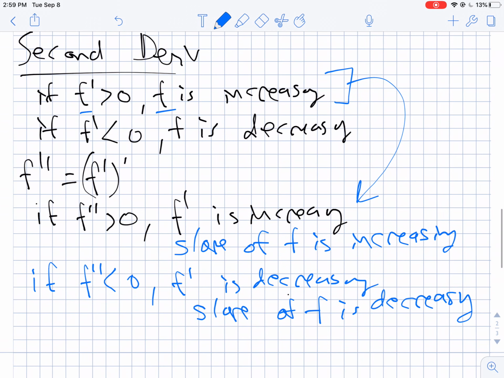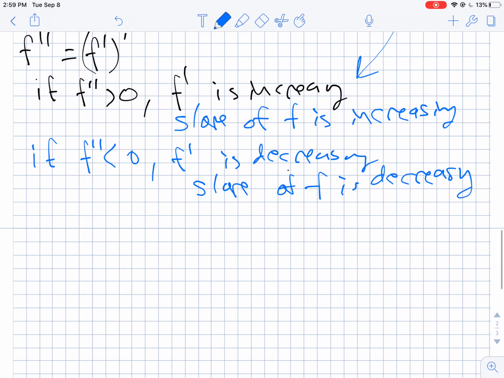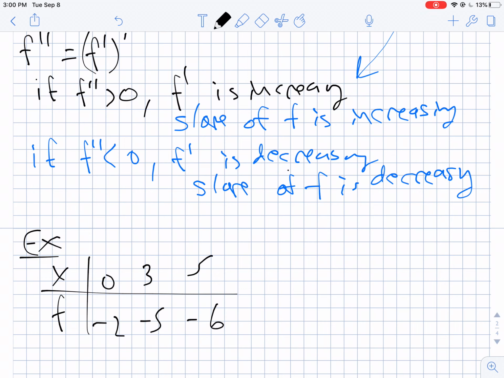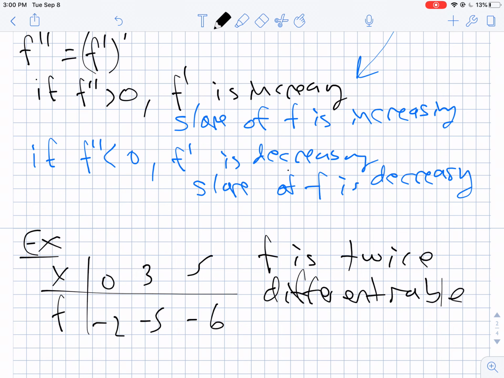Okay, so if I give you, for example, this problem. I'm going to tell you, here's x, here's f, and I'm just going to give you 3 points. 0, 3, 5, -2, -5, -6. Okay, and I'm going to tell you, f is twice differentiable. And by the way, when you read the phrase twice differentiable, don't freak out about that.